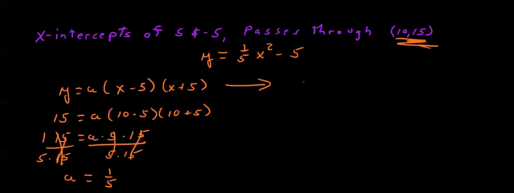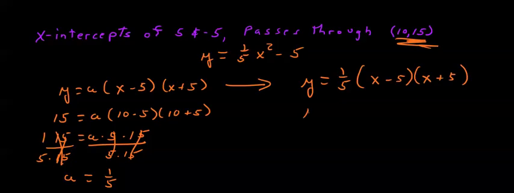Substitute back into here. Y is equal to 1/5 times x minus 5, x plus 5. Y is equal to 1/5 times x squared minus 25.